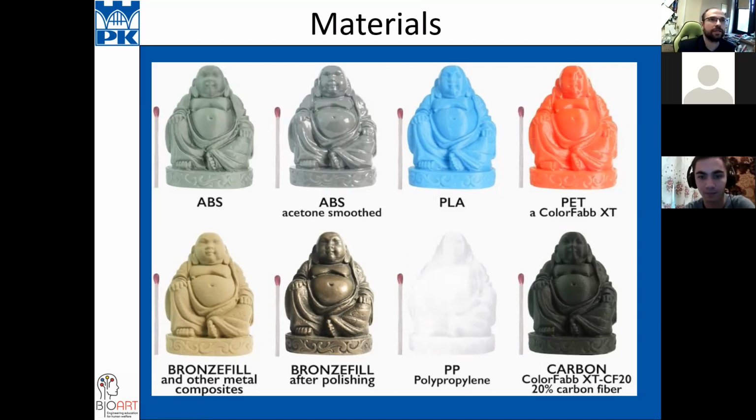contains a lot of metal powder. You print something on a regular FDM printer. Next, you put it in a furnace to remove the polymers, and next you can sinter.